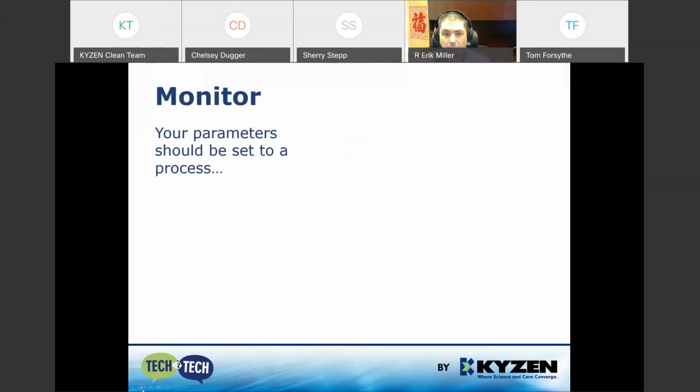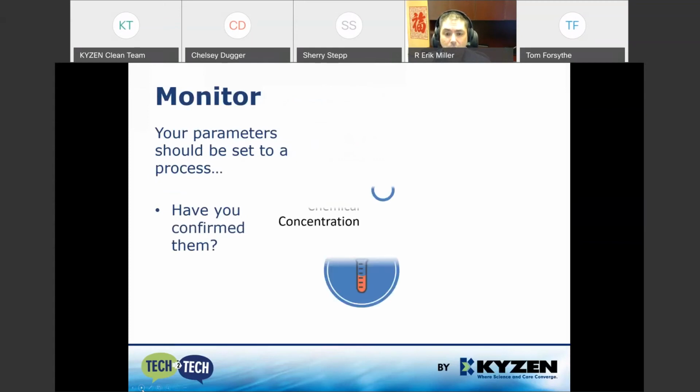And then finally, we need to monitor. You've set up a process and it has parameters for a reason, but we need to confirm those. The modern chemistries are pretty flexible, but oftentimes if they drop too low in concentration, they can contribute to foam. So are you confirming the chemical concentration that you set?